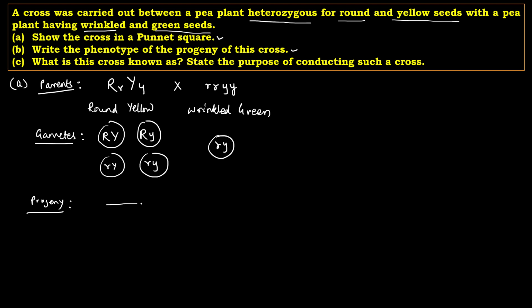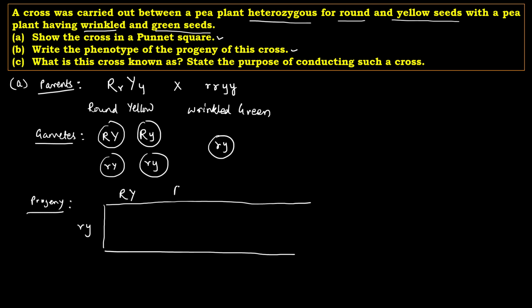So let's do that. We need a single line only because we are going to have only one gamete here, that is small r, small y, and here you are going to have capital R, capital Y, then capital R, small y, small r, capital Y, and small r, small y.